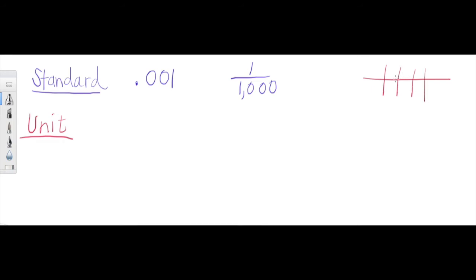So we're still looking at 1,000th. Unit form, like I said in our intro, is going to be just labeling how many units of each place, or how many units we have in each place value. So we don't have to include the fact that we have 0 tenths. We don't have to include the fact that we have 0 hundredths.